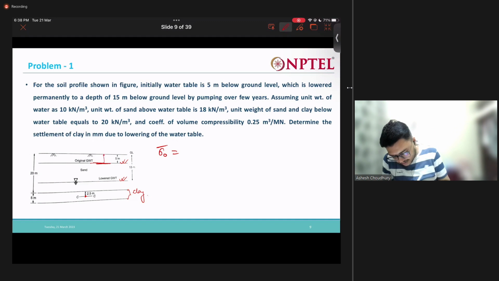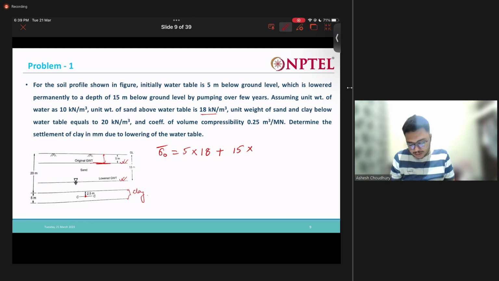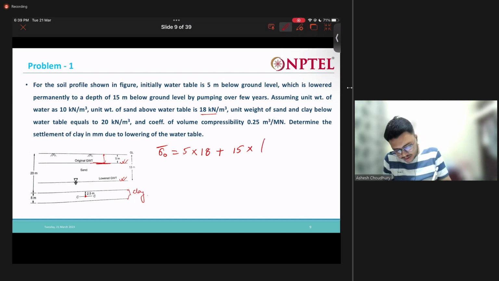So first it will be 5 into 18, that is the unit weight of the sand above the water table, plus 15 into 20 minus 10, which is 10, because 20 is the saturated unit weight given.